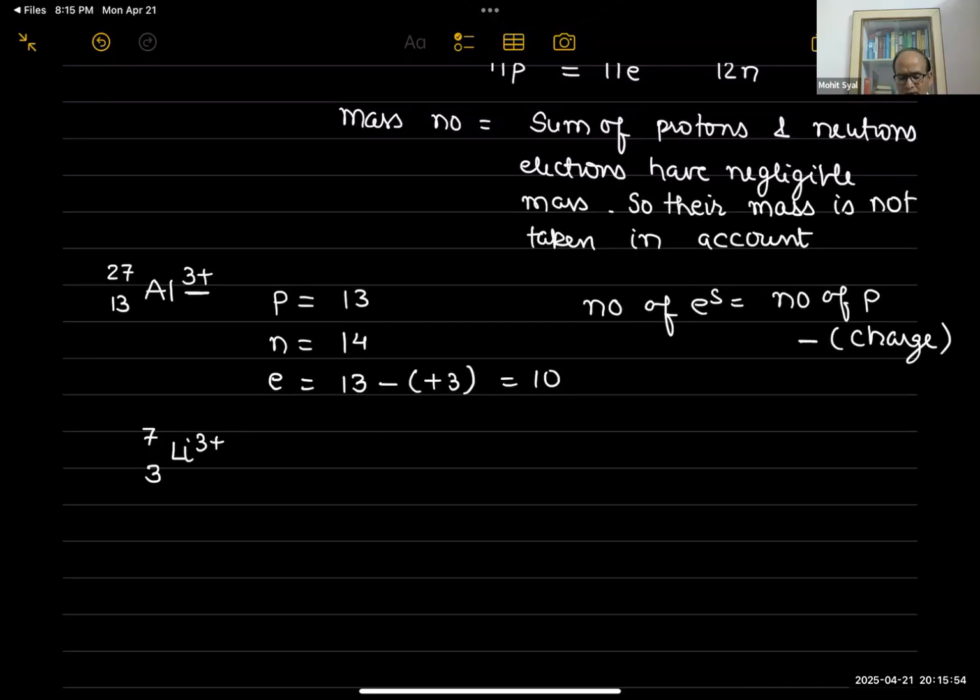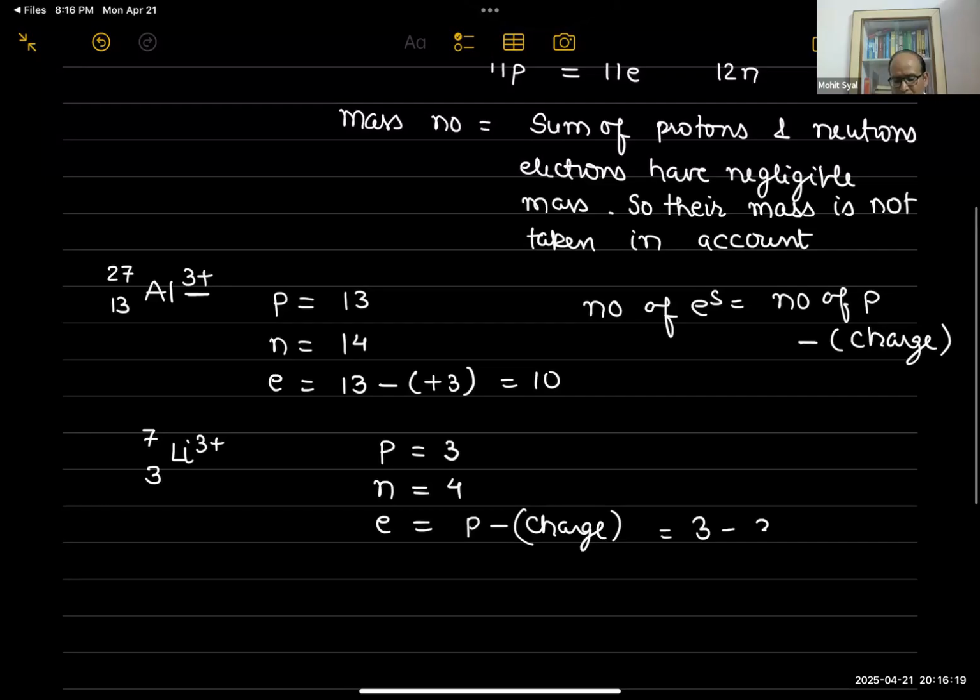How many protons are there? 3 protons, and neutrons 4. Electrons are? 0. Yes, 0. Electrons will be protons minus charge. Charge you need to write with a sign. So 3 minus 3 equals 0.